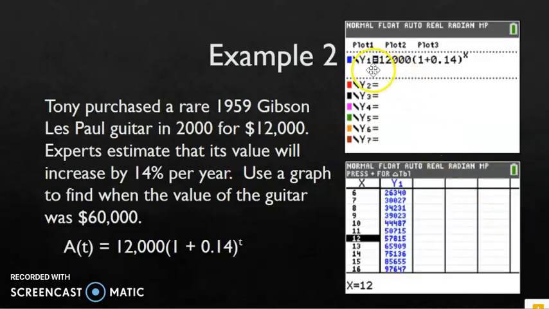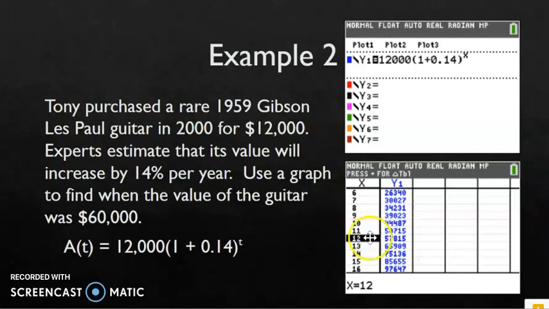So as you can see, I went to the y equals of my calculator and I put in the function that I wrote earlier. And then what I did is I hit second and then graph, and that takes you into the table. And all I did was I scrolled down the table until I found where it changed from 57,815 to 65,909.